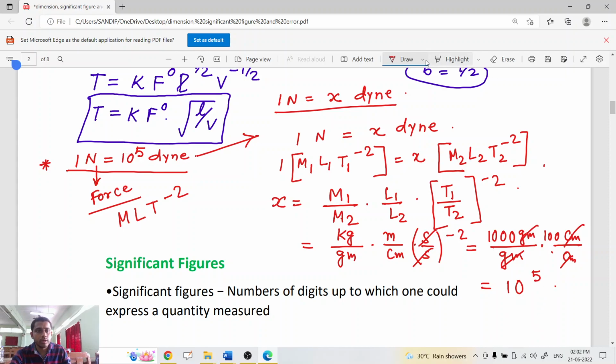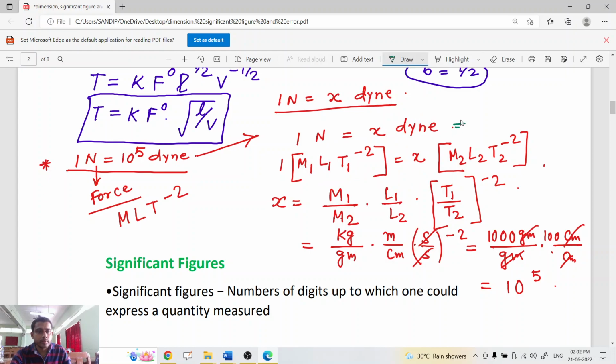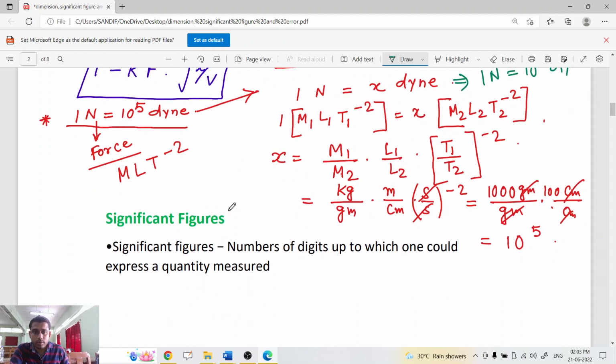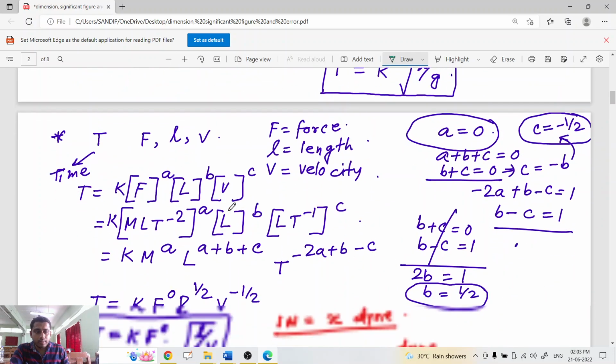So in this way you write down the relation, that is 1 Newton is equal to 10 to the power 5 dyne. So in this way you can easily find different relations, or you can easily convert from one system to another system for different quantities. Okay, so these are the remaining two applications of dimensions.